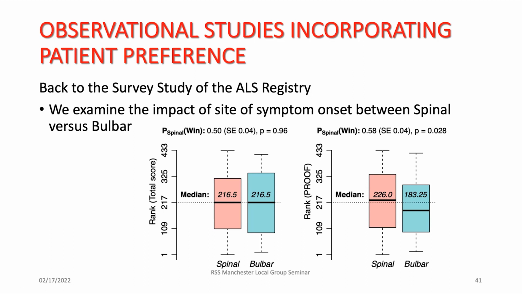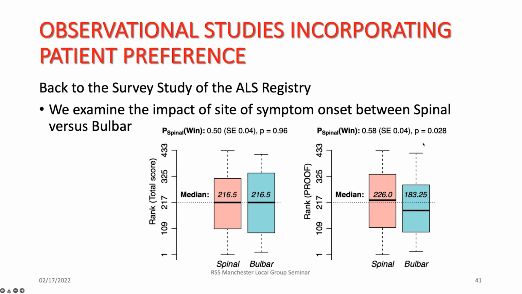So if we look at the total score, the medians are perfectly identical, so basically these two groups of patients are very similar. However, if we put in this winning probability, we put in the proof, we put their ranking of preference into their score and modify the ranking, we start to show the difference: bulbar patients are actually more likely to have a poor outcome than patients with spinal onset.